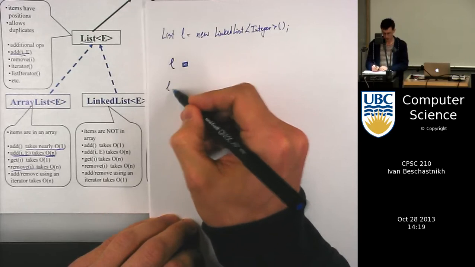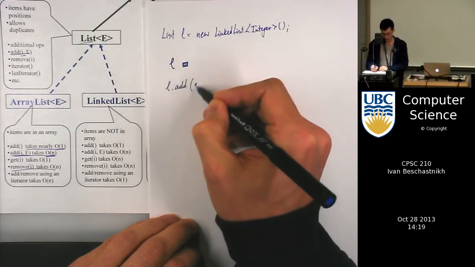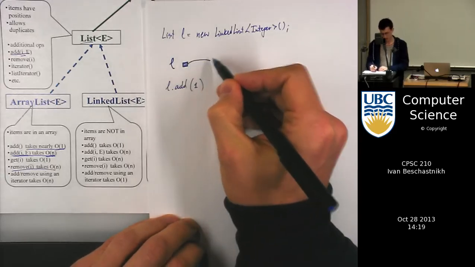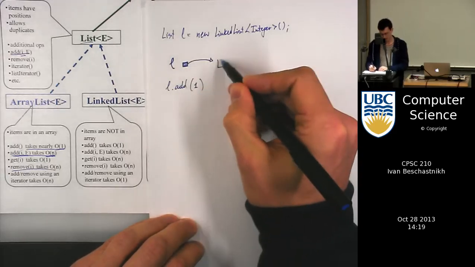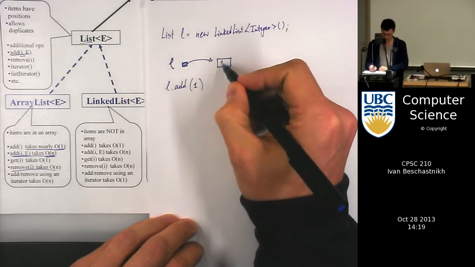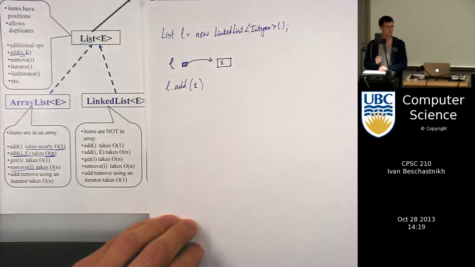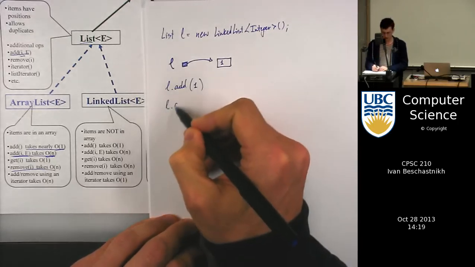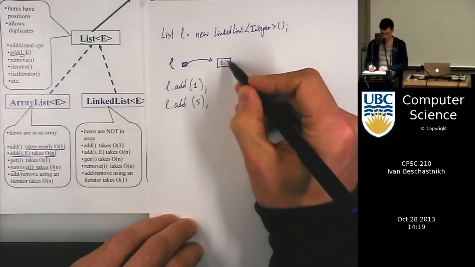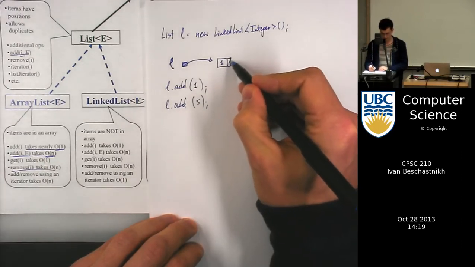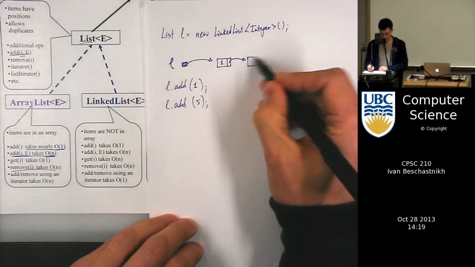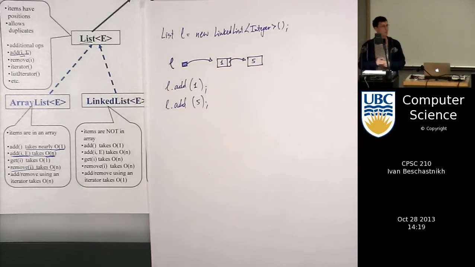So if I want to do L.add(1), if I want to add an element to my list, then this L is going to allocate a new piece of memory. It's going to allocate a node, as we call it, and it's going to put the number 1 inside it. And then if I want to L.add(5), then this node is going to have a link to the next node, which will contain the number 5.